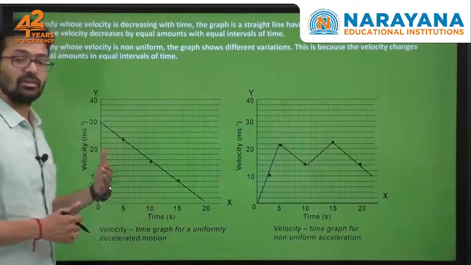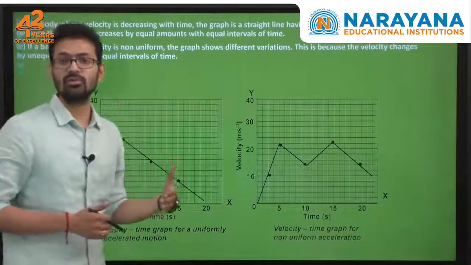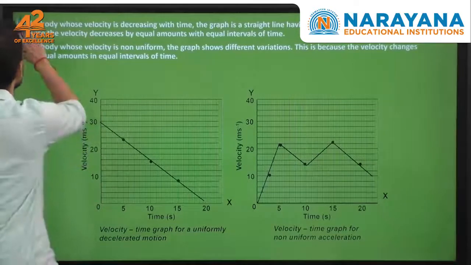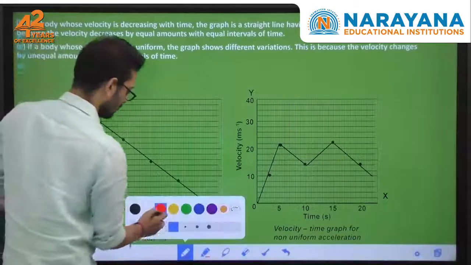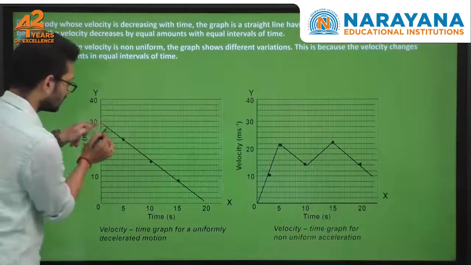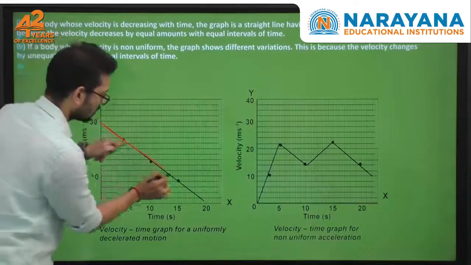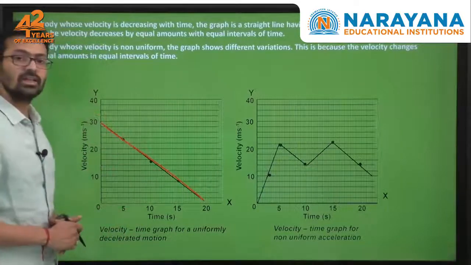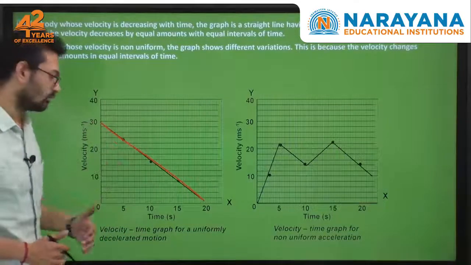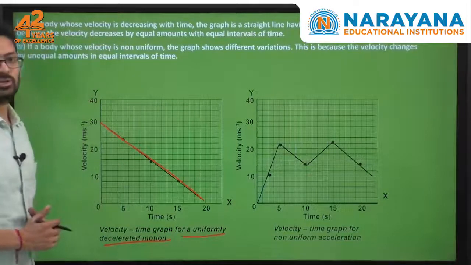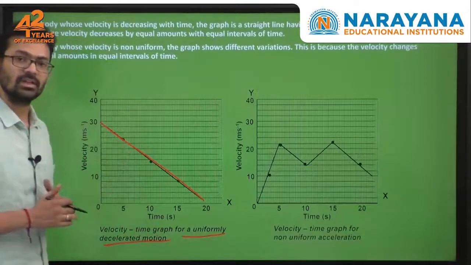If your speed is reducing constantly, then you can say that it is changing uniformly. That change is called uniformly decelerated motion.